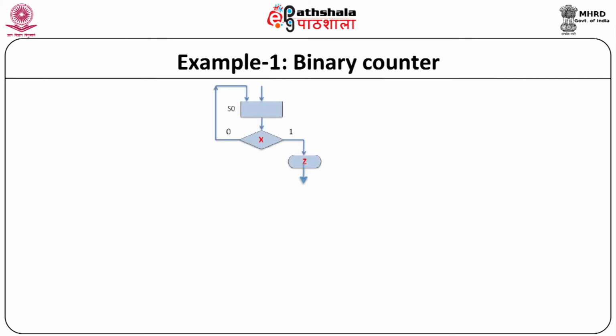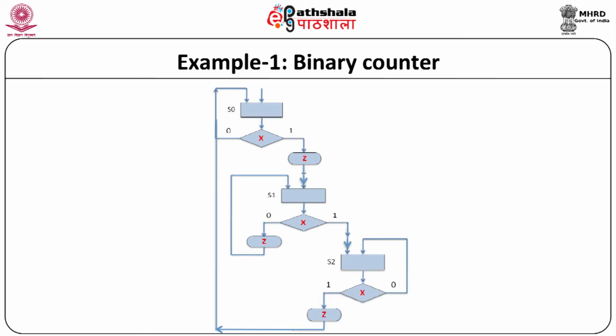Let us now combine all three ASM blocks corresponding to three states of the binary counter. The ASM block for S0 is shown here. The second ASM block is connected to the exit path of ASM block 1, which is representing the state S1. The third ASM block is connected to the exit path of ASM block 2, which is representing the state S2.